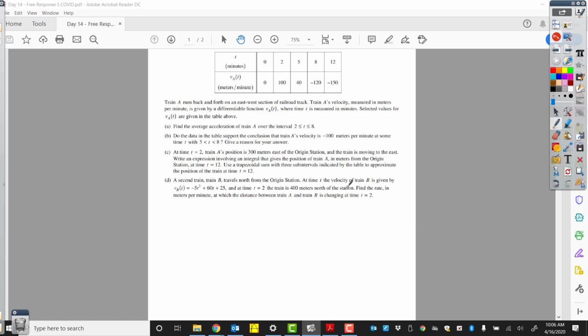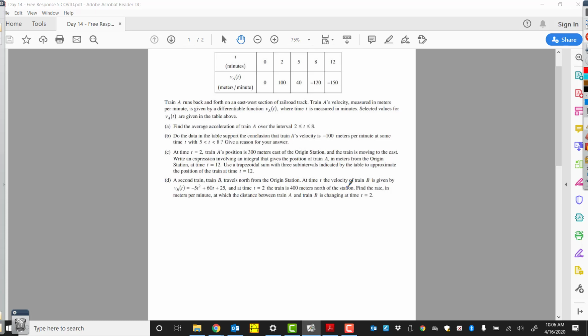Part B. Do the data in the table support the conclusion that train A's velocity is negative 100 meters per minute at some time from 5 to 8? Okay, so does the information in the table guarantee that train A's velocity is negative 100 meters per minute at some point from 5 to 8? So let's start by thinking about the original equation.